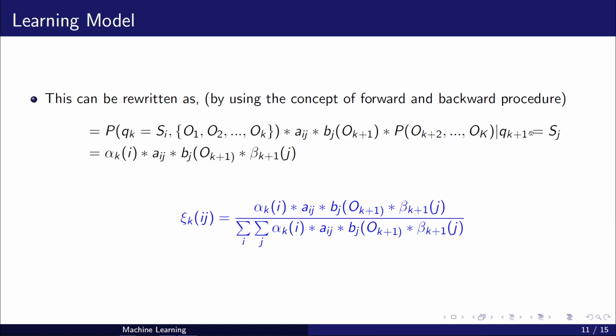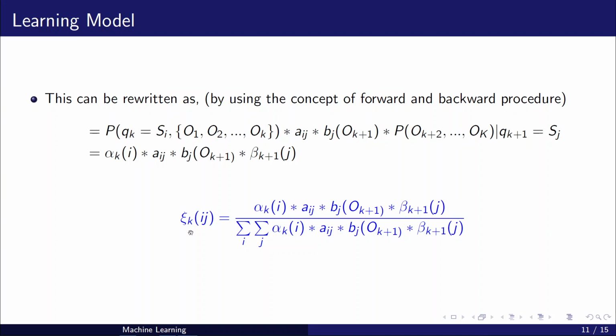Now you are at k plus 1 and you are at state j, and you have found all the symbols from k plus 2 all the way till the end. So it is alpha k i into the transition aij into beta k plus 1 j. This can be rewritten like this using the concept of the forward and backward procedure.